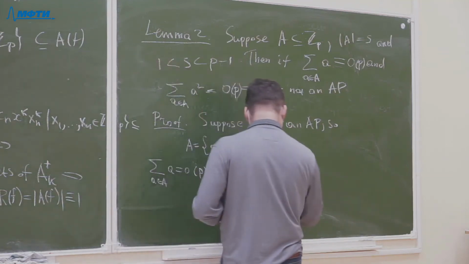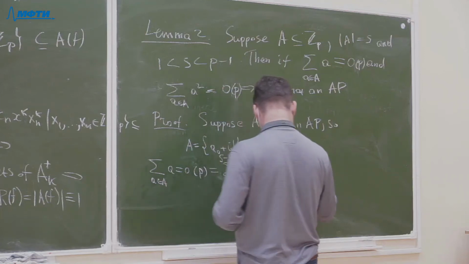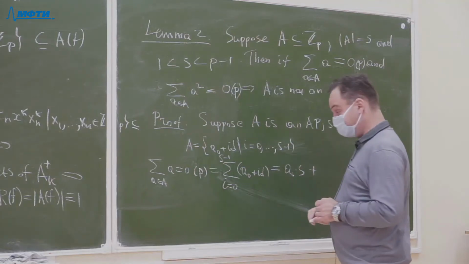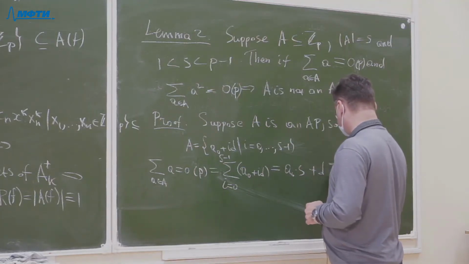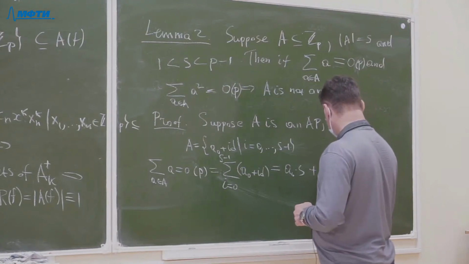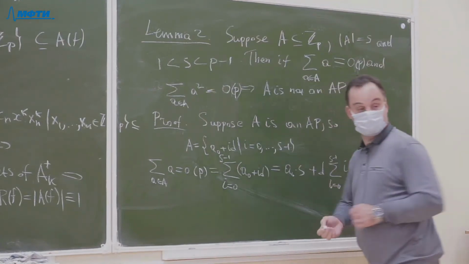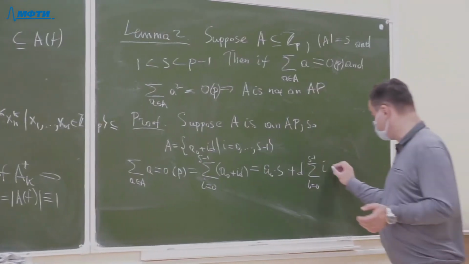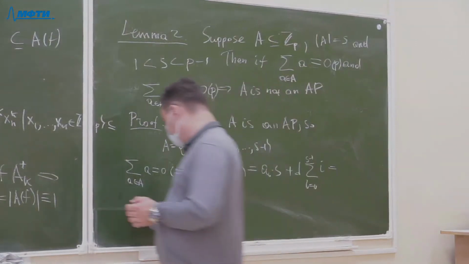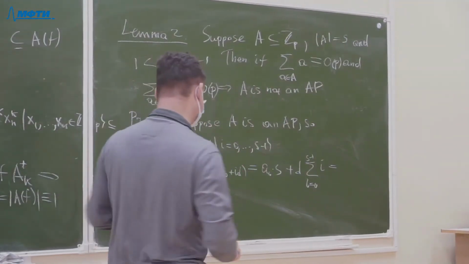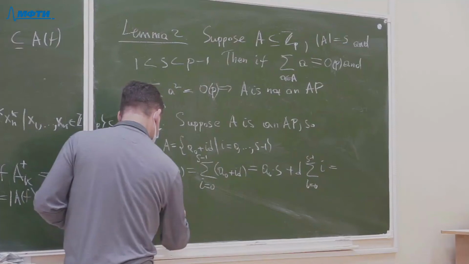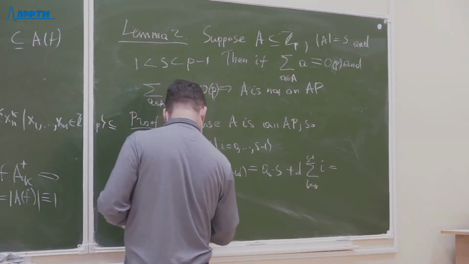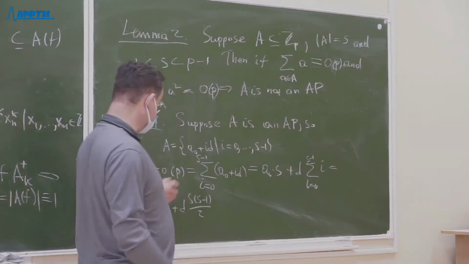Well, this sum is A0 by S plus d by the sum for i from 0 till S minus 1 of i. This sum is the sum of an arithmetic progression. So this is A0 by S plus d by S times S minus 1 over 2. So this is 0 modulo P.